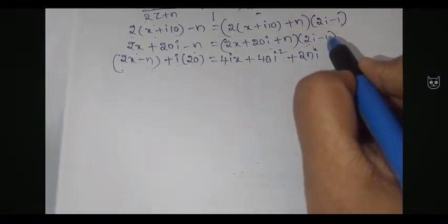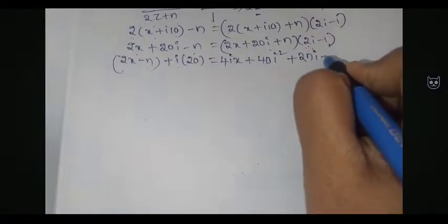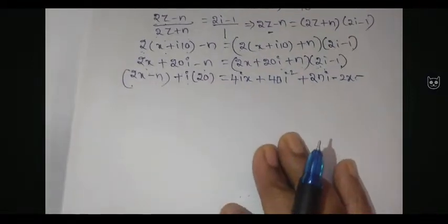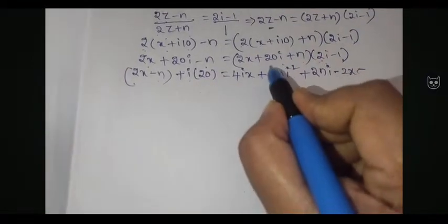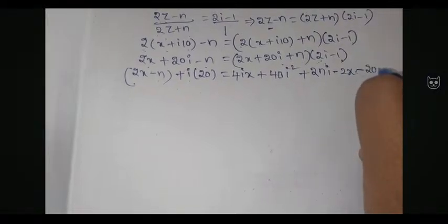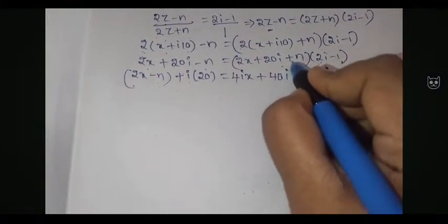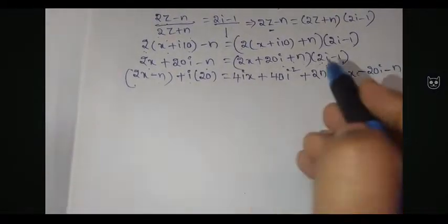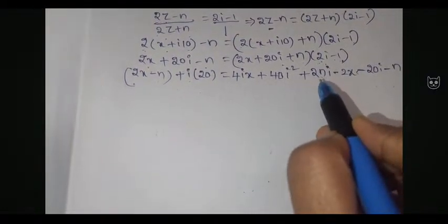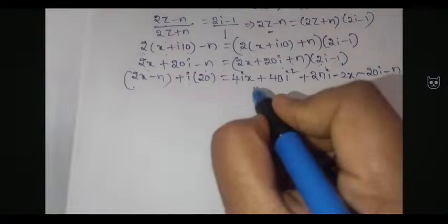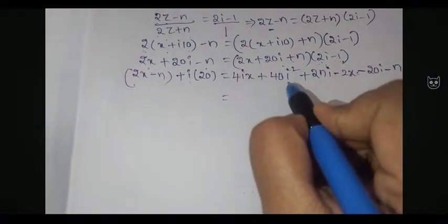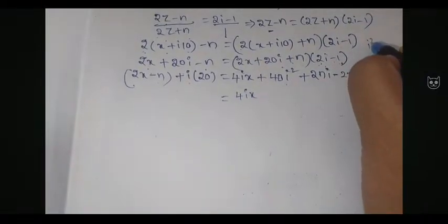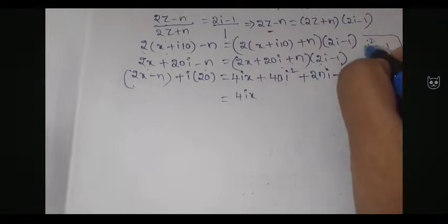Now multiply with minus 1 to the entire expression: minus 2x, minus 20i, and minus 1 into n, minus n. Here i squared value is minus 1, we know this.